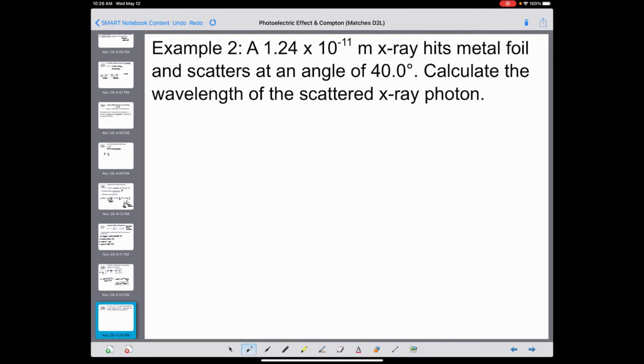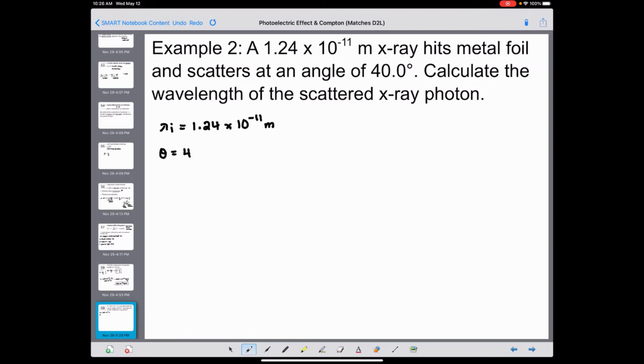Okay, example 2. A 1.24 times 10 to the negative 11 meter X-ray hits metal foil and scatters at an angle of 40 degrees. Calculate the wavelength of the scattered X-ray photon. Okay, so the initial wavelength before the collision happens is 1.24 times 10 to the negative 11 meters.